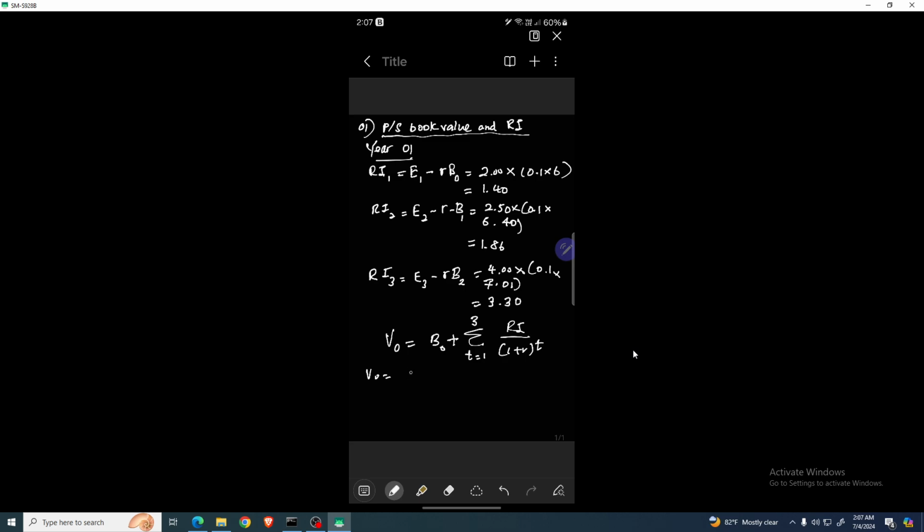So I'm going to write it out. V0 is going to equal to, so our starting share price is 6, then the first year we had a residual income of 1.40 over 1 plus 0.1 to the power 1, then we had 1.86 over 1 plus 0.1 to the power 2, and then finally we have 3.30 over 1 plus 0.1 to the power 3, and our answer is going to be, let me do a quick calculation right here.